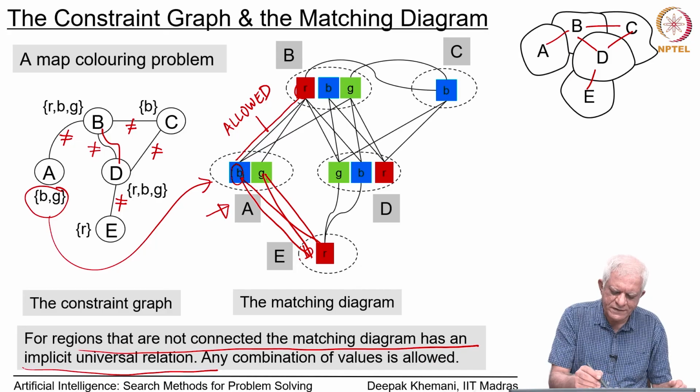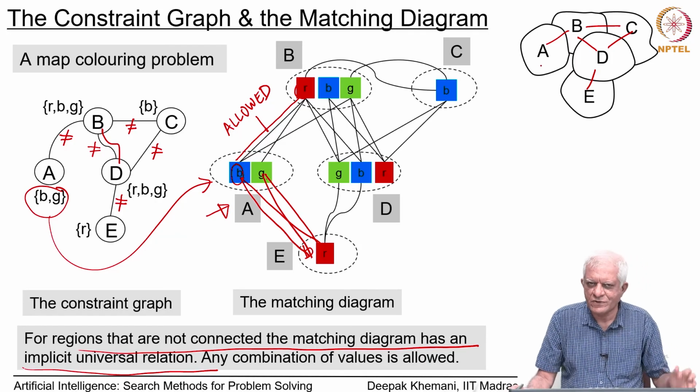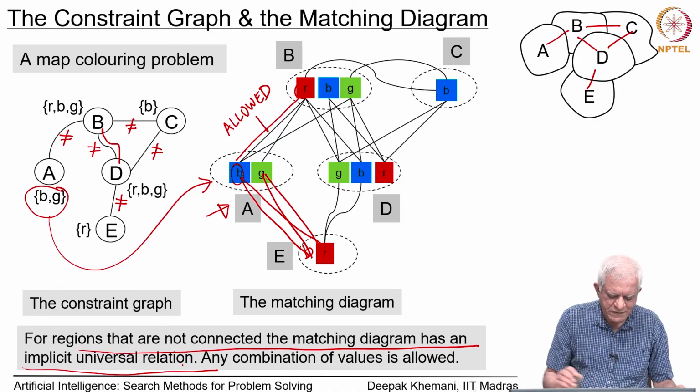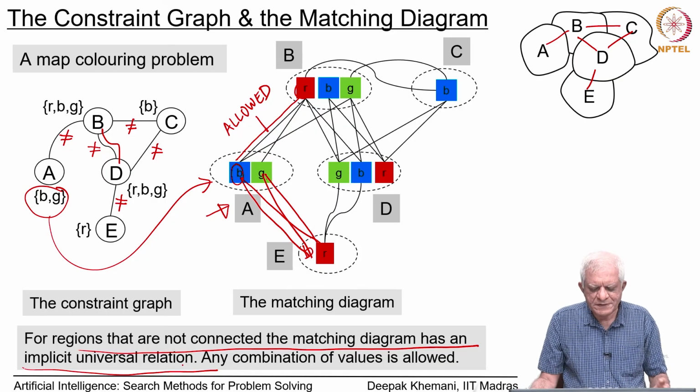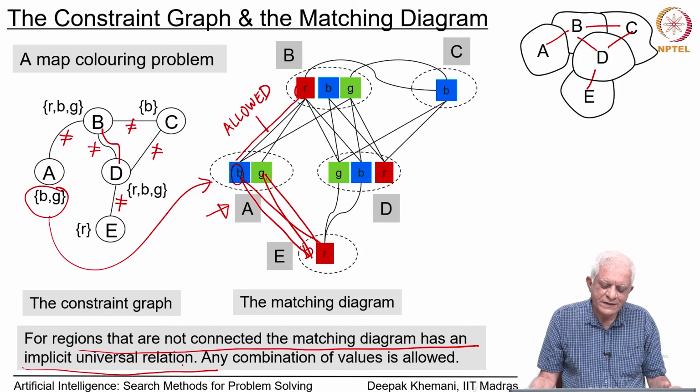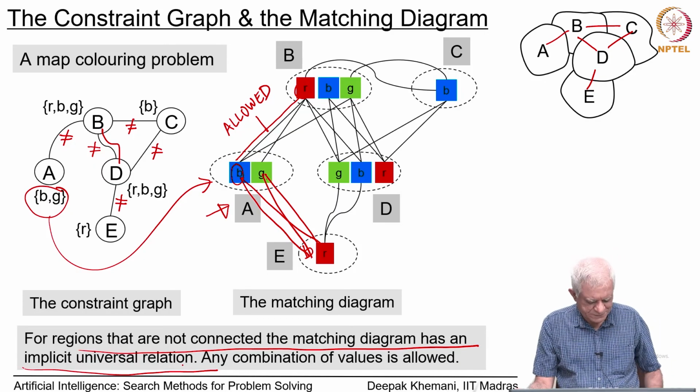And the reason for that is that you can color both A and E in the same color. There is no constraint that you should not. So, implicitly there is a universal relation and any combination of values is allowed essentially. The reason we mention this is that the first approach that we will see is going to be a search approach, as you can imagine, where you try out different values for variables till you have found a solution.